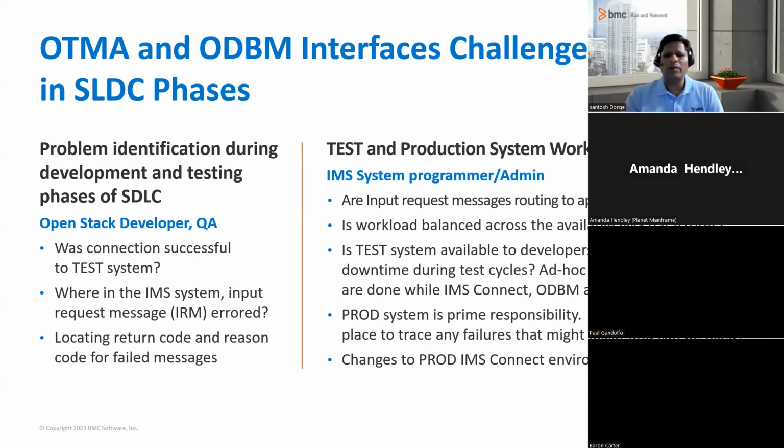So if it can be fixed permanently, there has to be some mechanism that helps in identifying the problems occurring in the IMS Connect or the ODBM address spaces, and I would say it is events and traces.